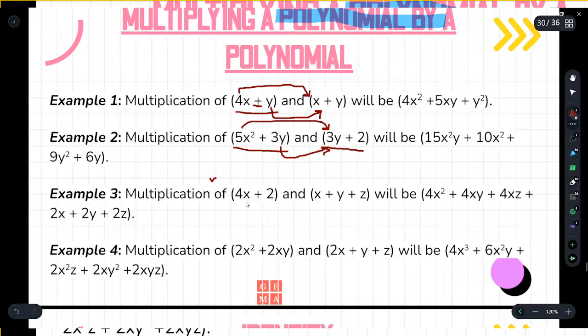Okay. Multiplication of 4x plus 2 and x plus y plus z. How do we do it? Multiplying this with this bracket and multiplying this with this bracket, which will give us 4x into x plus y plus z plus 2 into x plus y plus z.